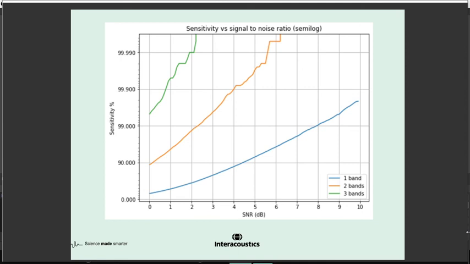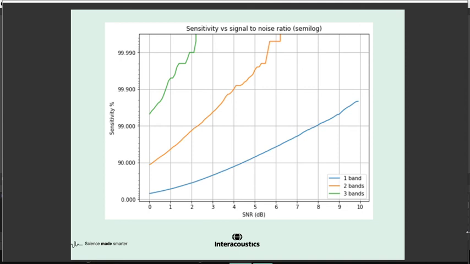We do an enormous amount of testing with realistic noise situations to discover the sensitivity of the equipment. And the sensitivity is, if you imagine you had 100 hearing impaired neonates, how many of those would pass the test just because they were unlucky that the noise they produced looked like an emission? And that's a very real problem.